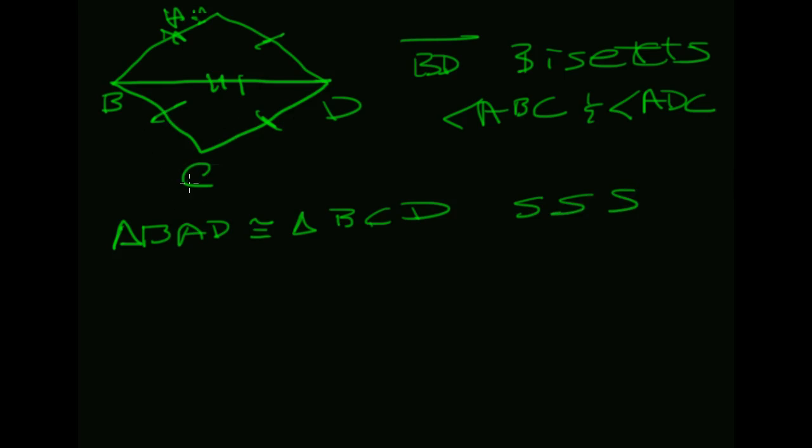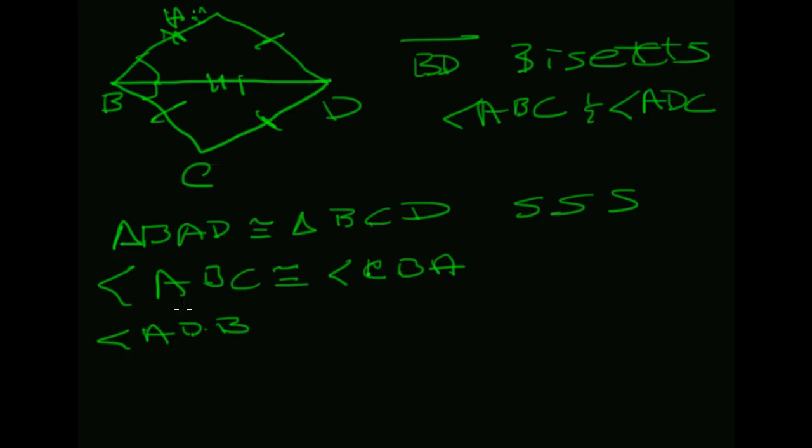Well, what does that mean? Well, the corresponding parts are that angle has to be congruent to that one. Wait a minute. That's where I'm getting confused. Let's fix that.